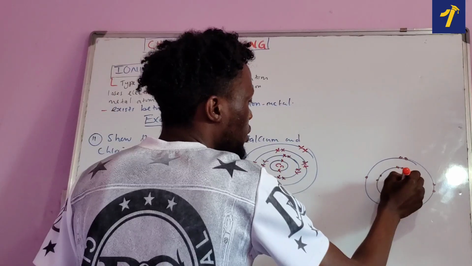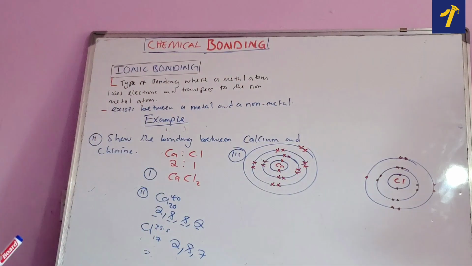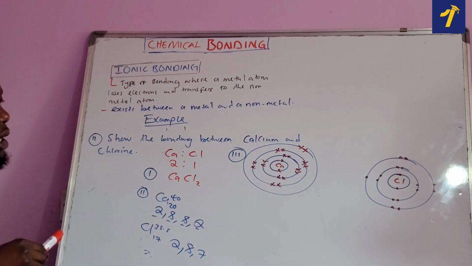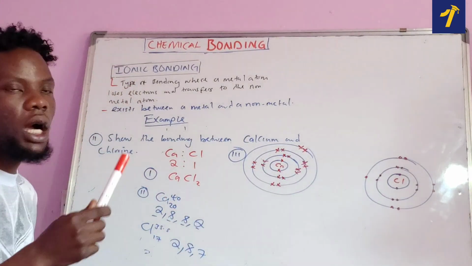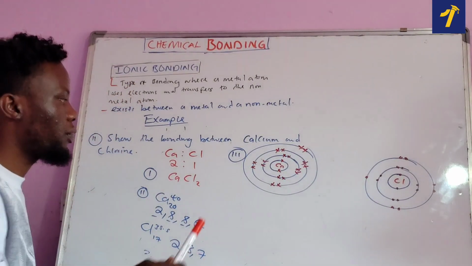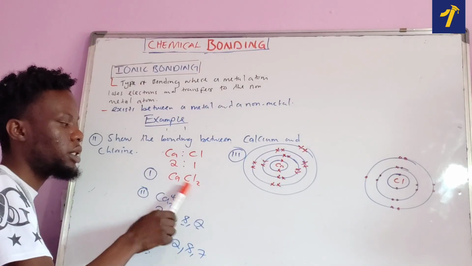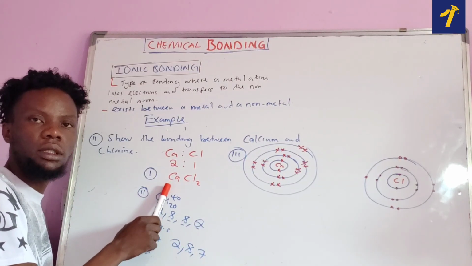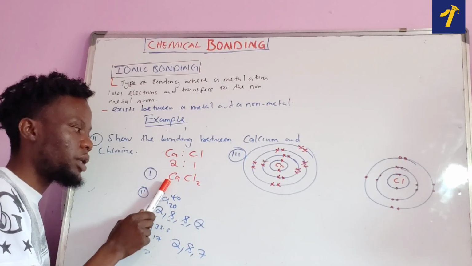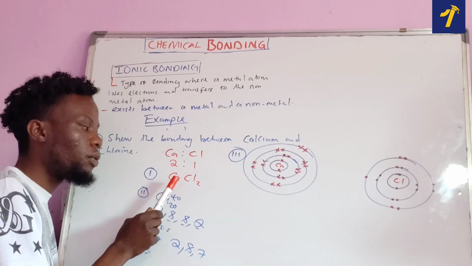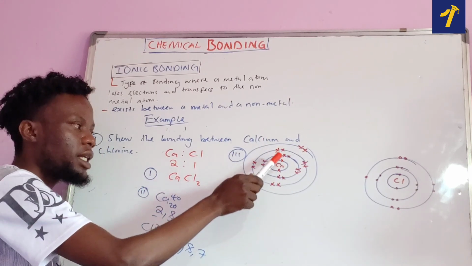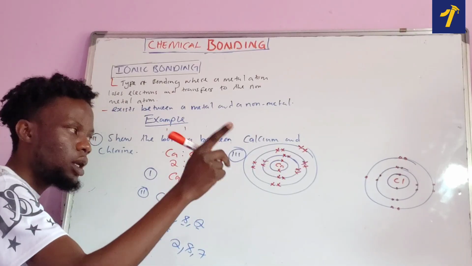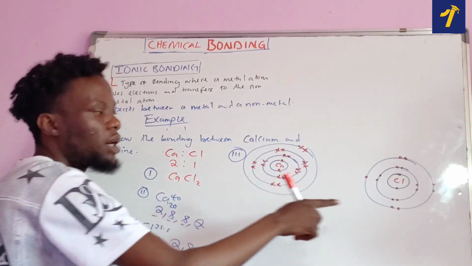This is chlorine. Now, remember, if you reach this part, you need to ask yourself how many atoms there are. For calcium, you use the chemical formula. For calcium chloride, we only have 1 calcium, so calcium is just going to be 1. But what about chlorine? We have 2.